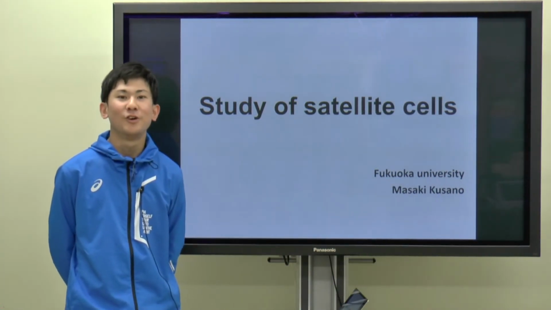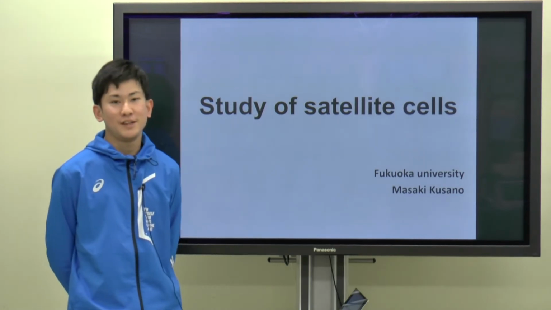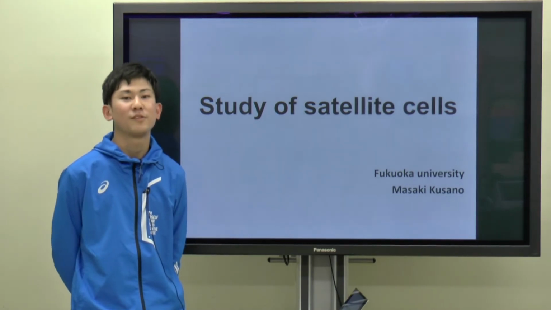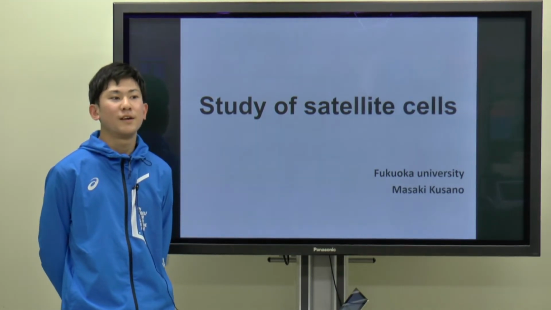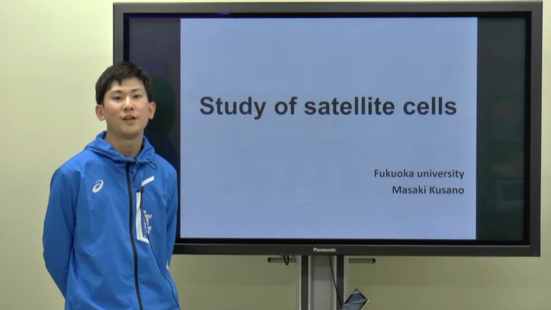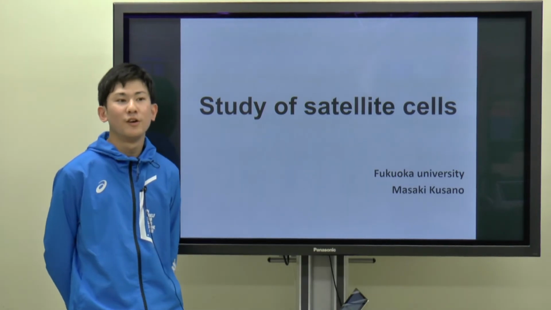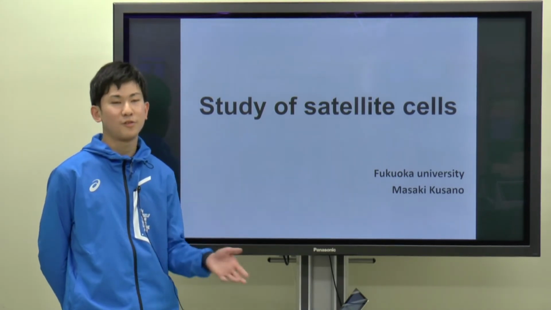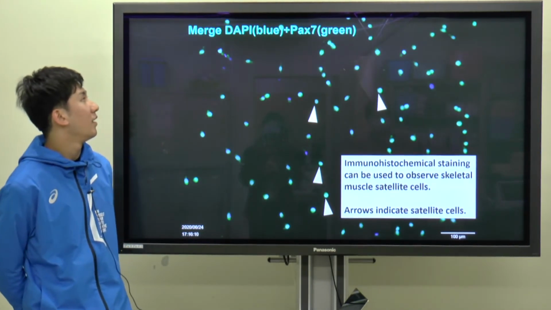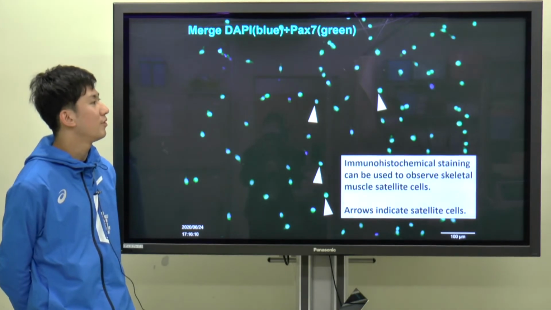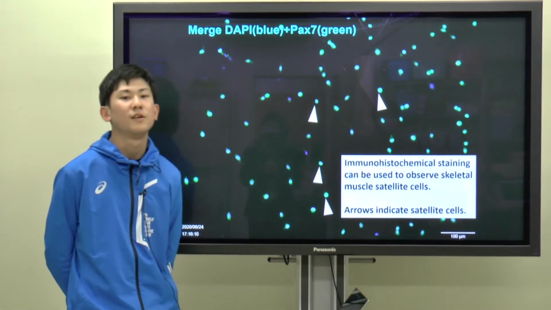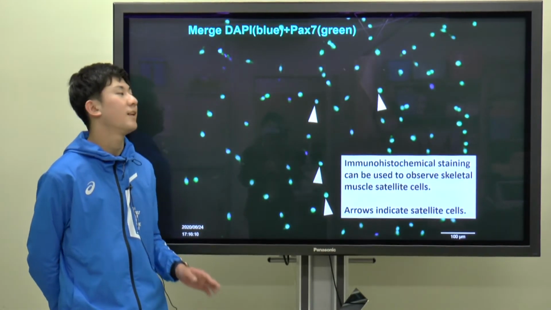Hi, Masaki Kusano. Nice to meet you. We are studying the role of satellite cells on muscle memory. Satellite cells in skeletal muscle are resident stem cells and have a very important role in muscular regeneration and repair. In this image, there is double immunostaining of nuclei and Pax7. Pax7 is specifically expressed in satellite cells.